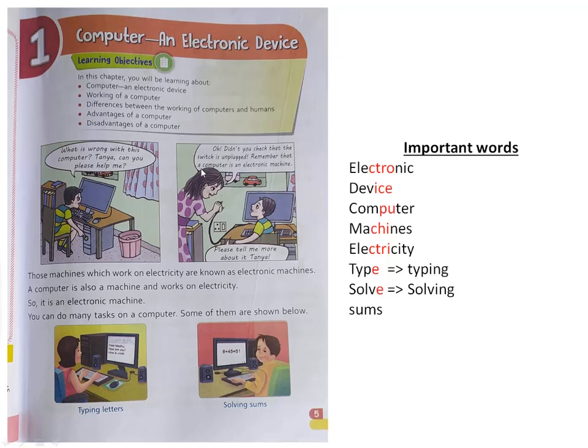Remember that a computer is an electronic machine. Please tell me more about it, Tanya. Now, this boy also wants to know more, and so you will also learn some more information about this.